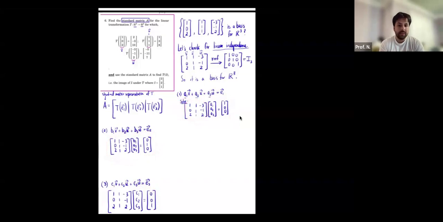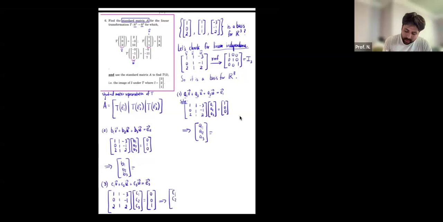So it's an invertible matrix. Here we go. I need to know the inverse of this matrix to figure out the solution. So I can figure out A1, A2, A3, B1, B2, B3, and C1, C2, C3.